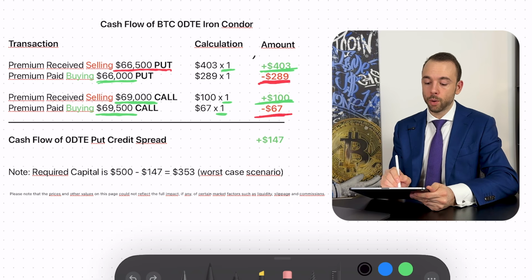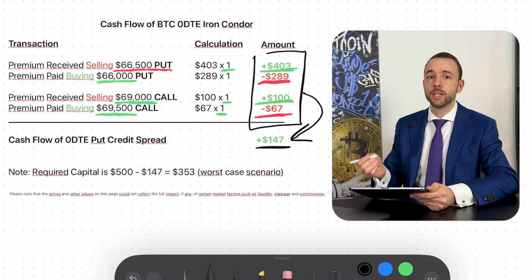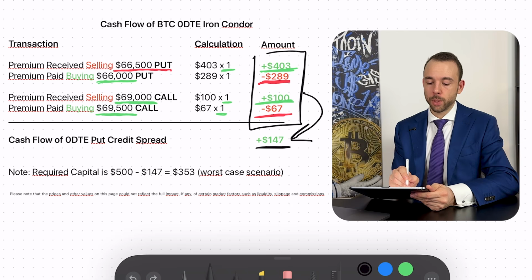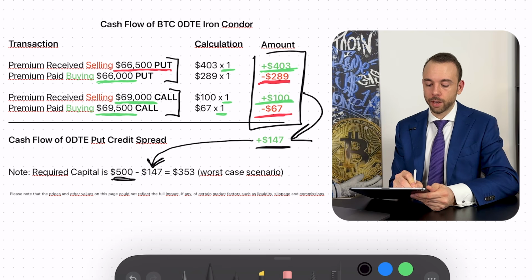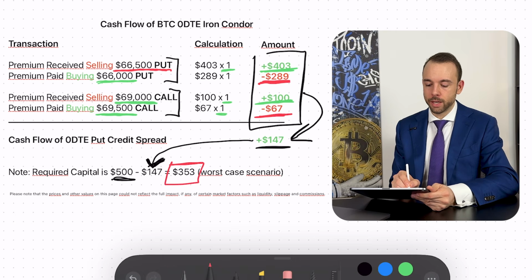And by summing up all the premiums, the trader ends up with a total premium of $147 that he received after this trade. And because the difference between the strike prices on puts and calls is equal to $500 and the premium collected is equal to $147, the maximum risk that the trader has is equal to $353.